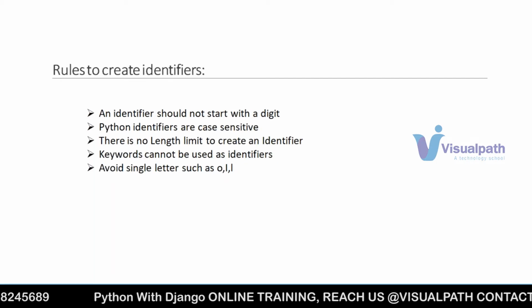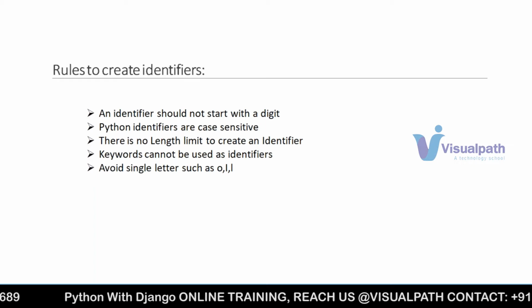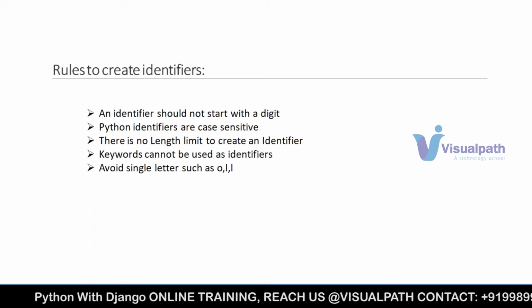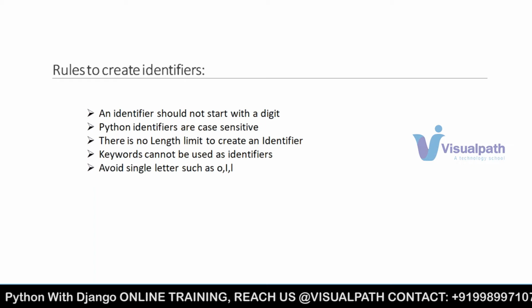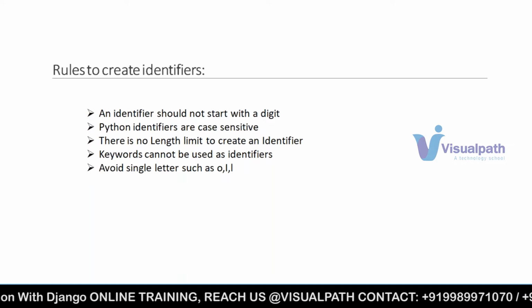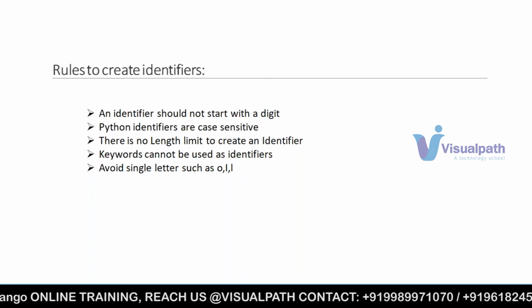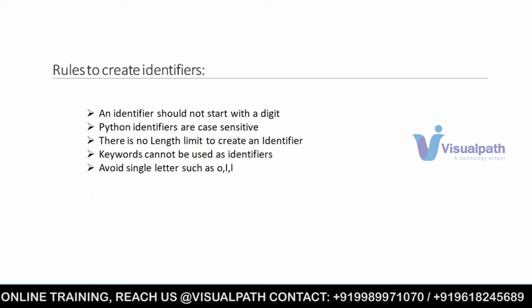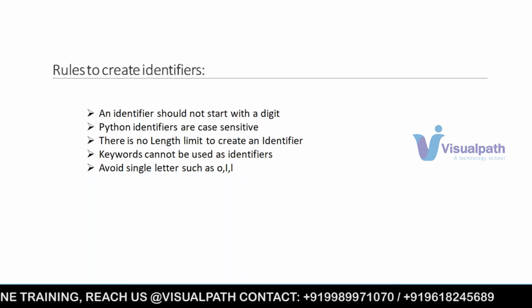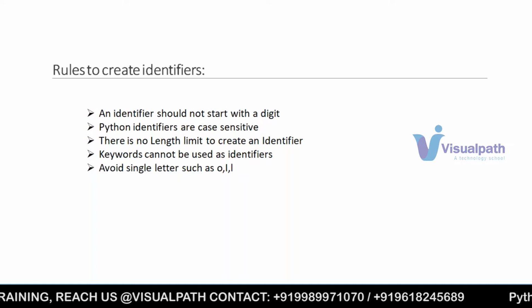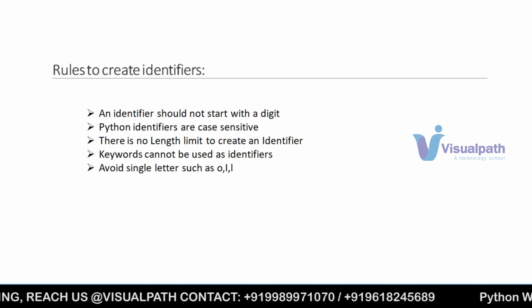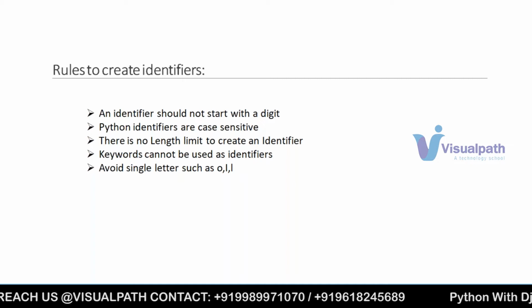Next, there are some more rules and recommendations. Even though digits are allowed in the identifier, it should not start with a digit. Python identifiers are case sensitive, and there is no length limit to create any identifiers.